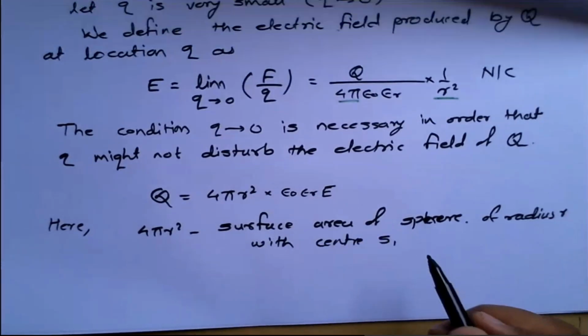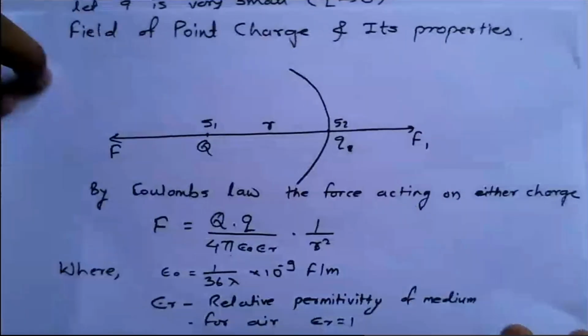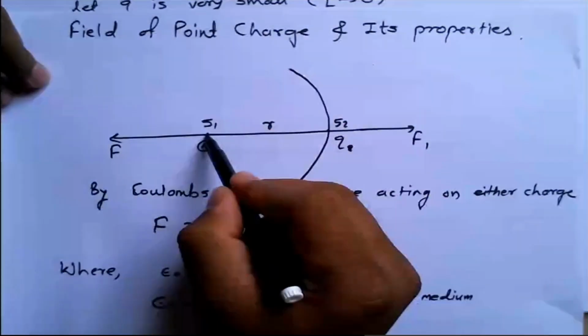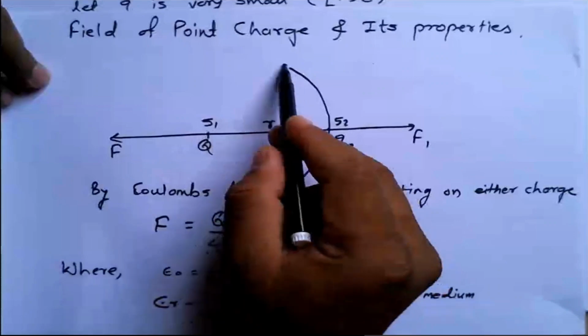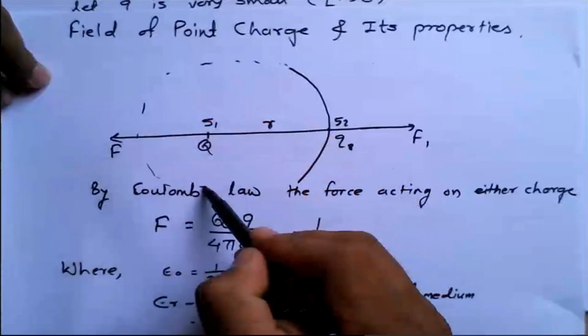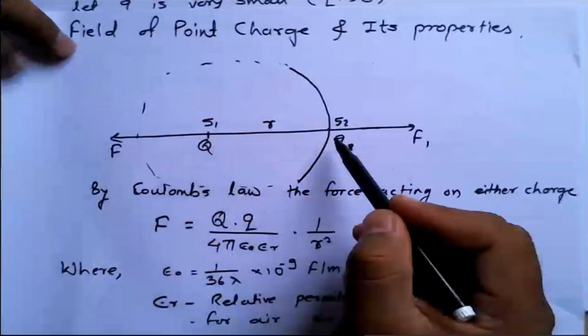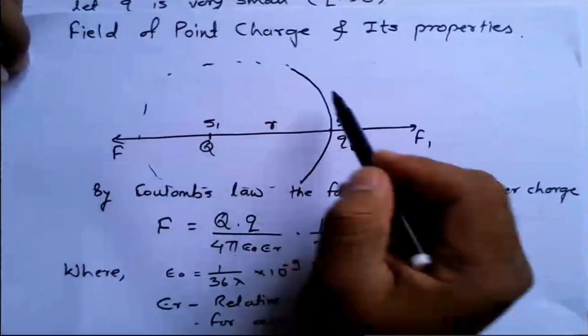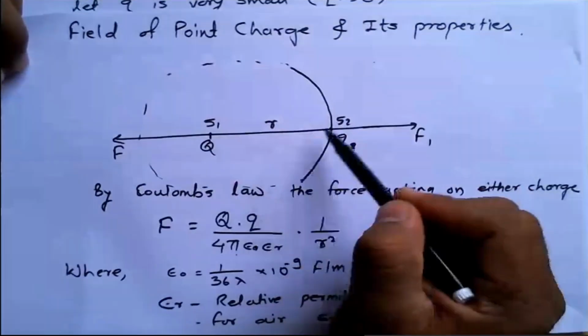See here, in this particular figure, if we consider S1 as a center and if we draw a particular sphere, its surface area is nothing but 4 pi r square.